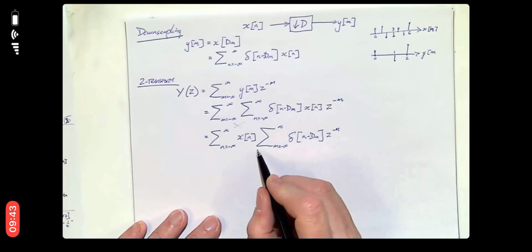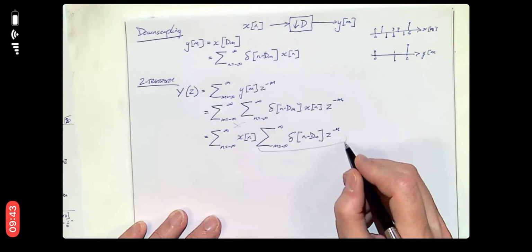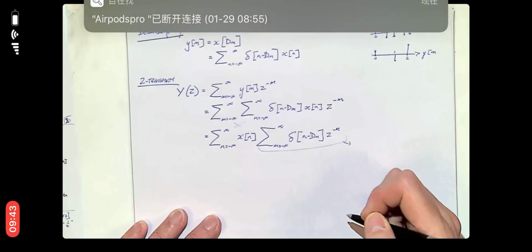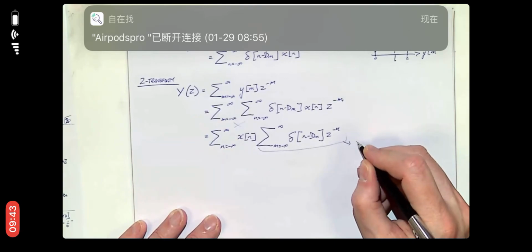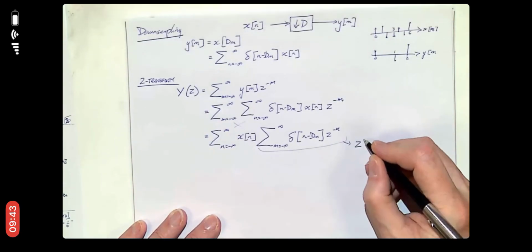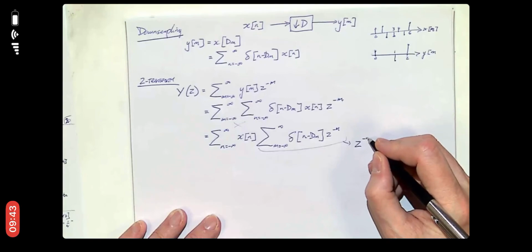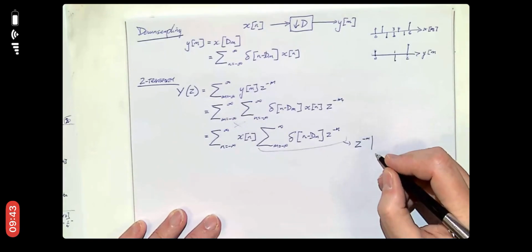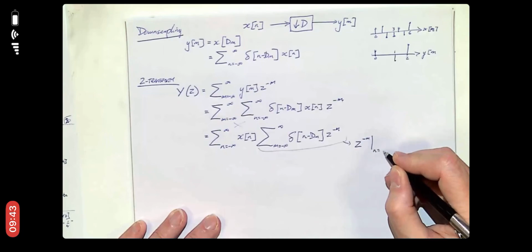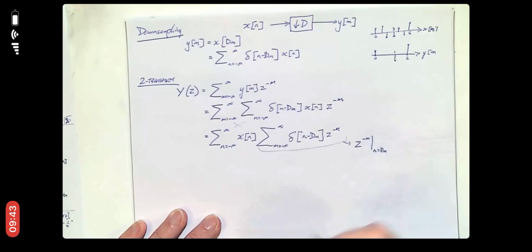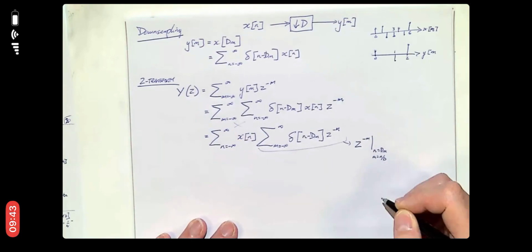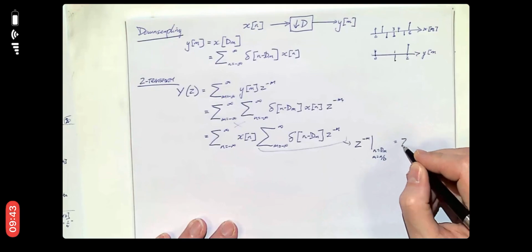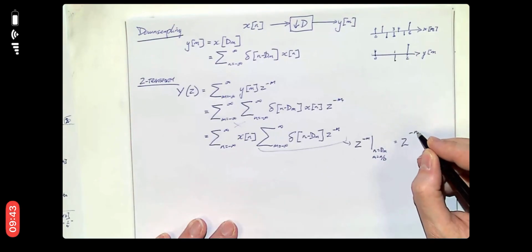This sifting property pulls out z to the minus m when n is equal to dm, in other words, when m is equal to n over d. So that's equal to z to the minus n over d.